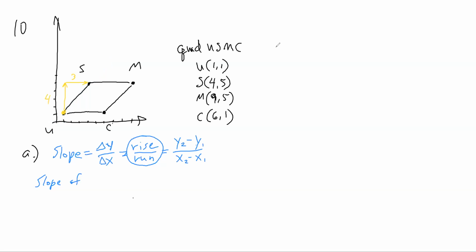And so for this, the slope of segment US equals 4/3, rise over run, up 4/3. And we want to see if that is the same as the slope of the other segment that this should be parallel to. That other segment would be the segment CM. So we're going to check for segment CM for the slope there.